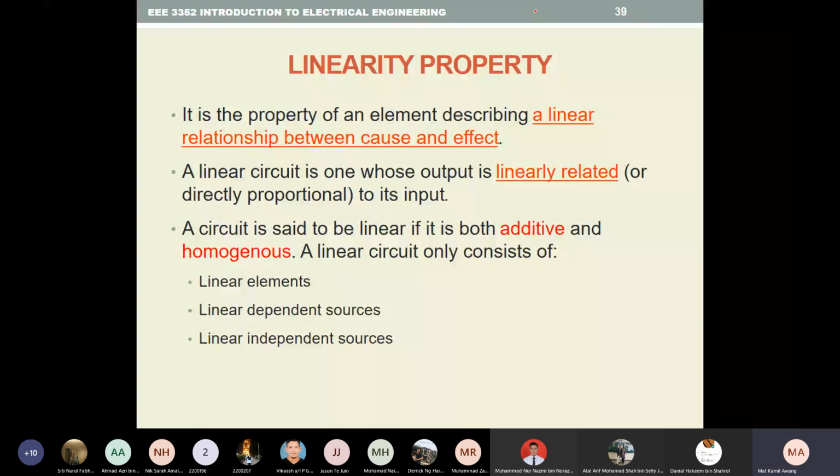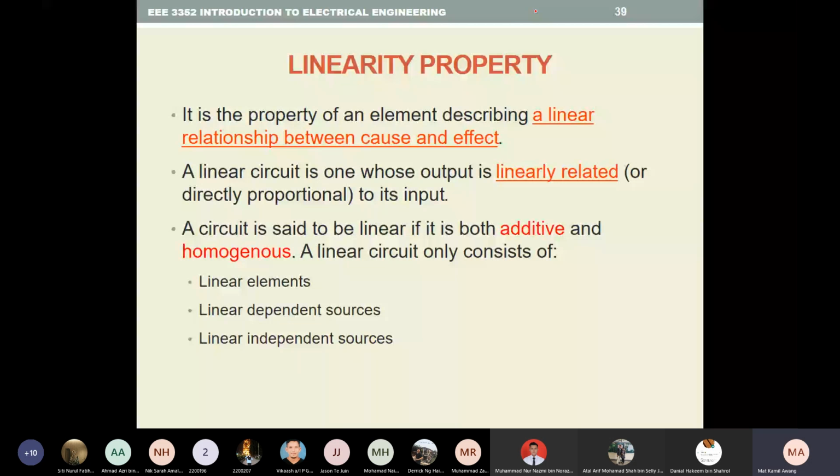If you reduce the input, then the output may increase or decrease proportionally or inversely.